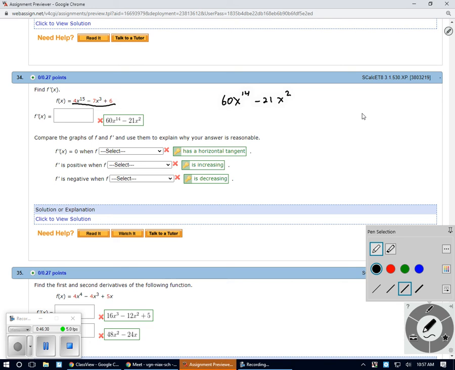In terms of a graph, this is the slope. And what happens when the slope is 0? The graph is horizontal right there. That's where the slope is 0. It has a horizontal tangent line.